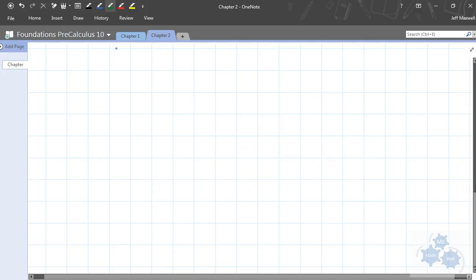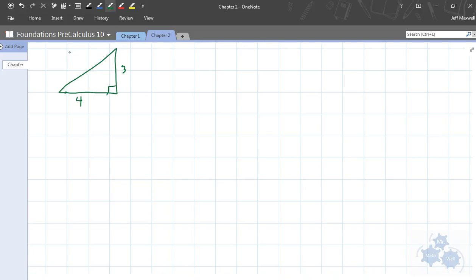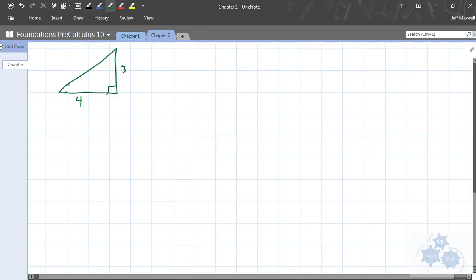In calculating the tan ratio, let's say we have something like this. We have 4, we have 3, and we have a 90-degree angle. Okay? And let's say that we have angle D right here. So go ahead and calculate for me tan of D. Tell me what tan of D is.